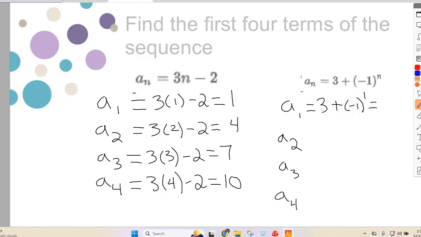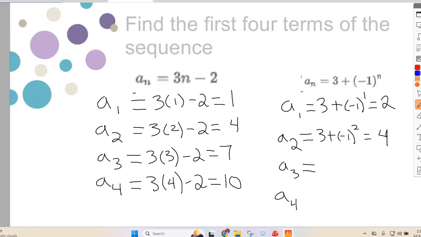So what is -1 to the first power? -1. So then 3 plus -1 gives us 2. But when I raise -1 to the second power, what do we get? +1, so 1 plus 3 gives us 4.